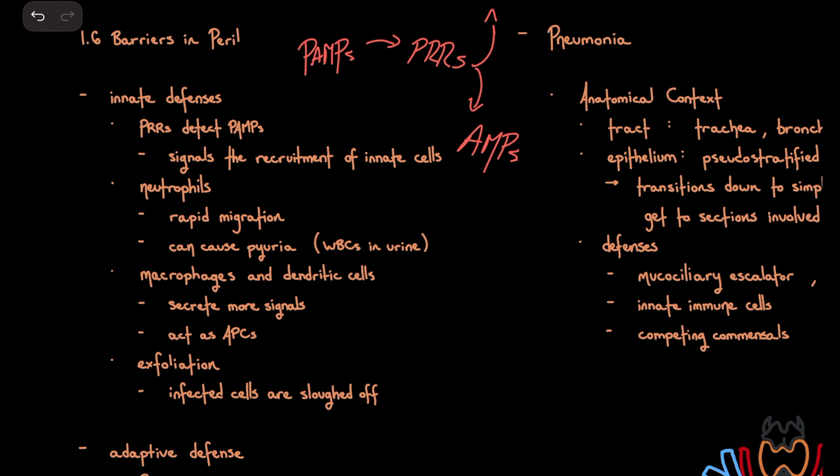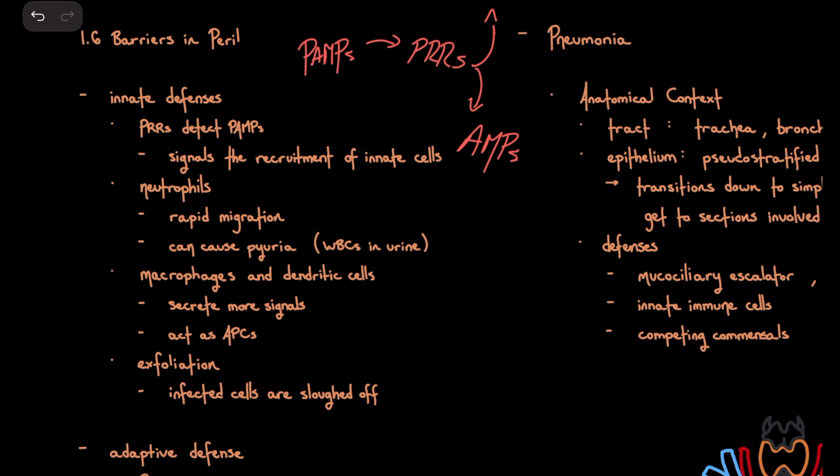So our neutrophils, like you guys said, I looked at a bunch of your cards. They all had the EMT kind of idea behind them, and that's great. They're first responders, rapid migration to the site of infection. In this case, it could cause pyuria, where there's, what's the right word, kind of a white wispiness to the urine.